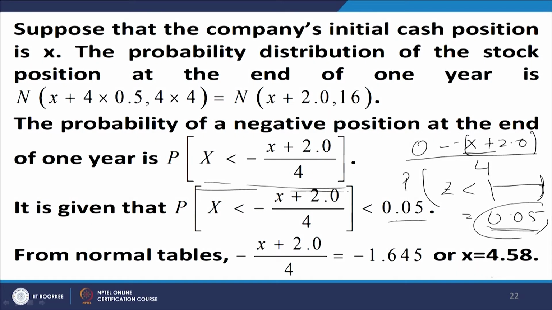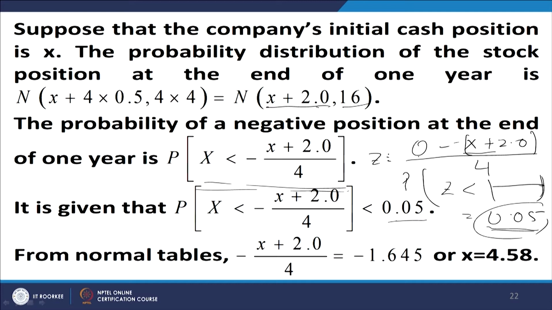Let me repeat this quickly. This is my probability distribution for the cash position. This is the mean, x plus 2, and this is the variance. Now, we want the cash balance to be 0. So, if you want the balance to be 0, what would be the corresponding z value? The corresponding z value will be 0, that is the value that we want, minus the mean, divided by the standard deviation.